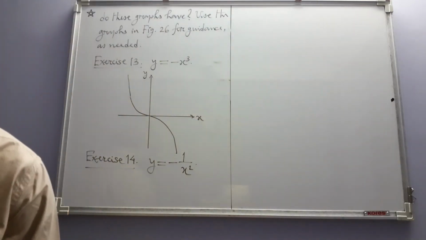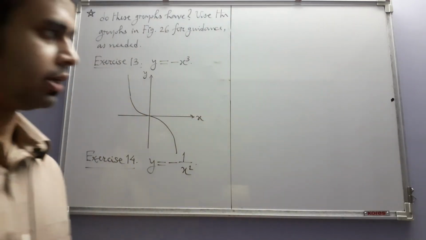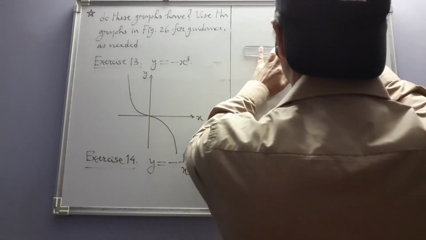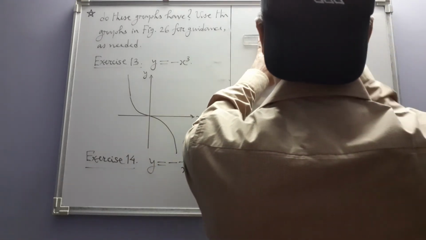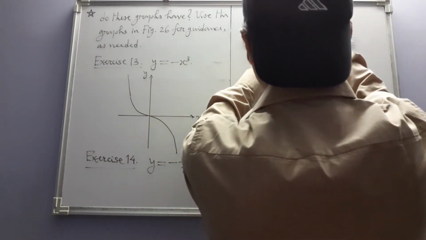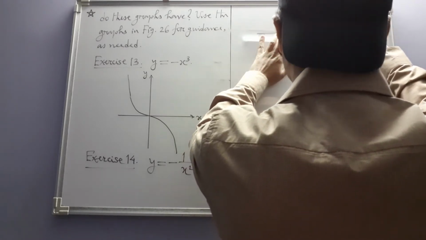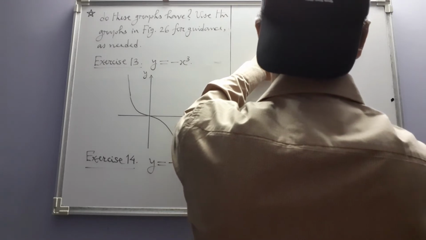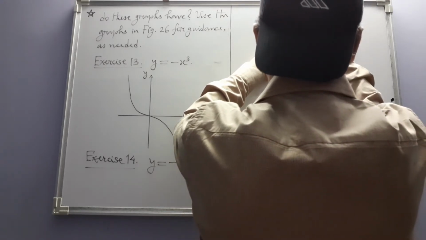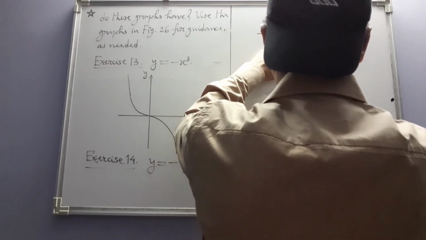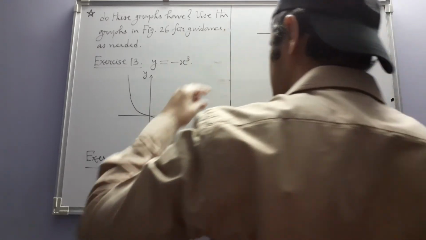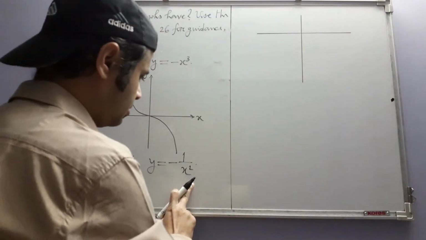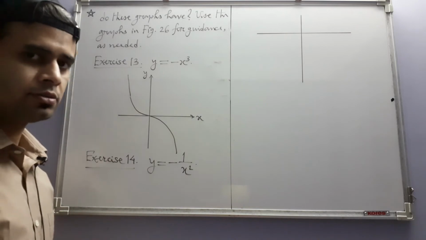So y equal to minus 1 over x square. Here the graph will look like this. Some things about these graphs you can almost immediately see from the formula for the function. For example, in this case, you cannot put x equal to 0.